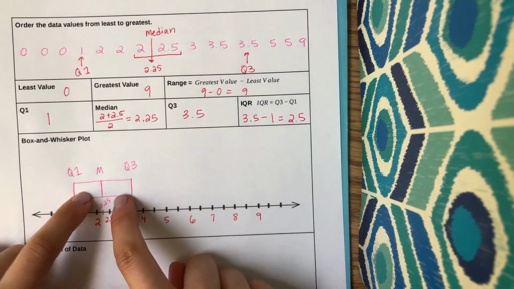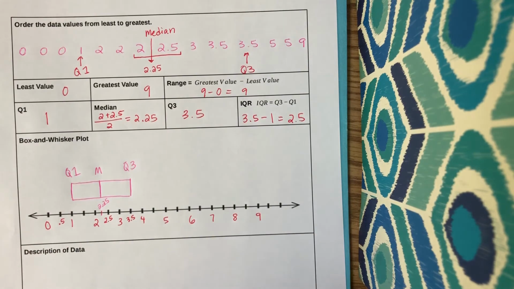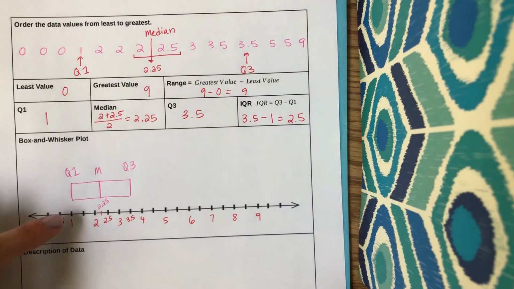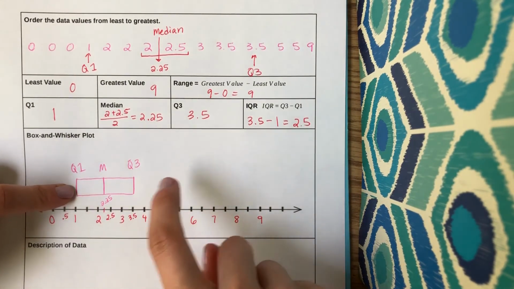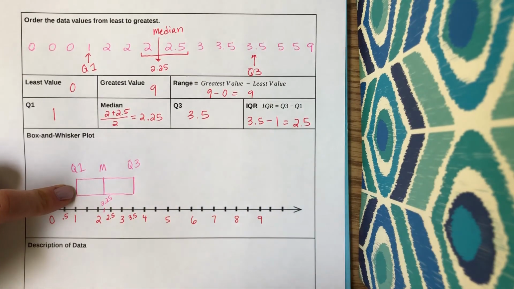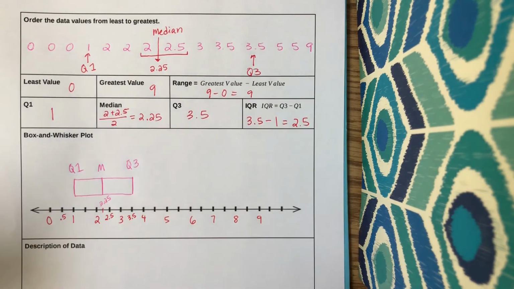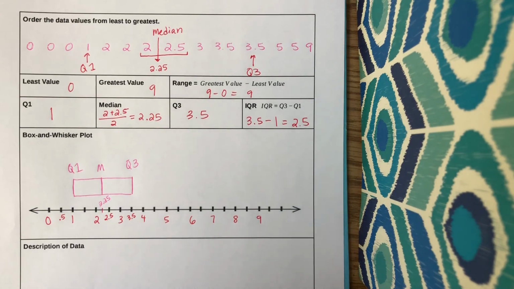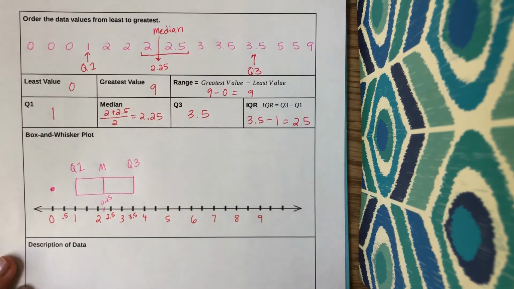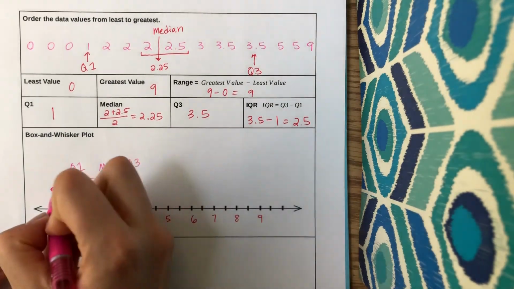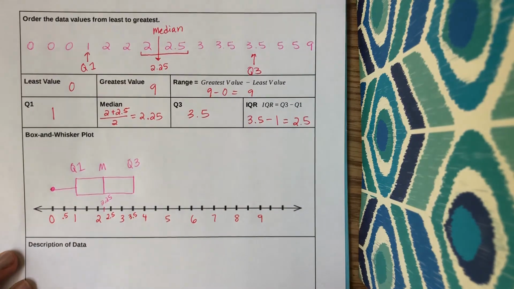So this box here represents the middle 50% of the data. The typical average 7th grader would fall somewhere in between this range here, between 1 and 3.5 hours playing an instrument each week. The next thing I'll do is put a dot for the whisker above 0, which is where my lowest point is, and I'll draw the line.